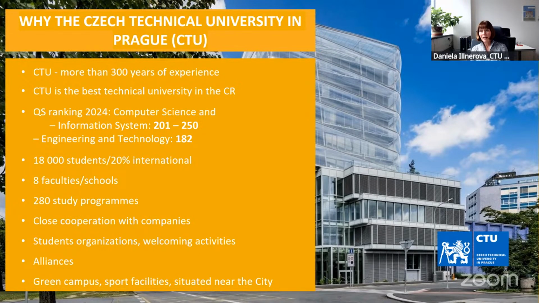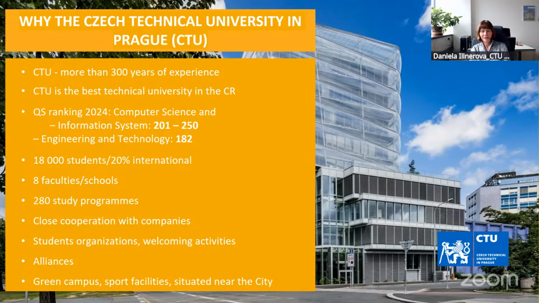QS ranking again: how is our university and faculty positioned? As I said, we are within the top 500 universities in the world. Regarding information systems, we are 201 to 250, and engineering and technology 182. So it's a very solid place. Definitely could be better, but it's good.